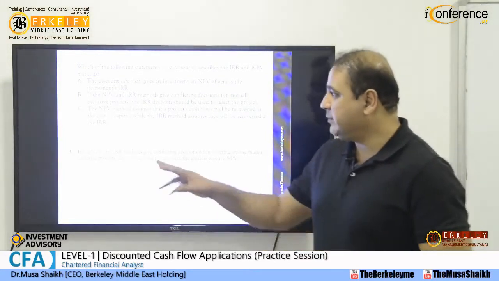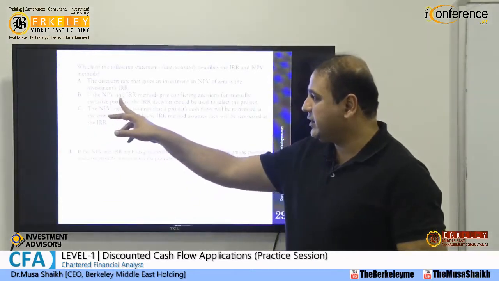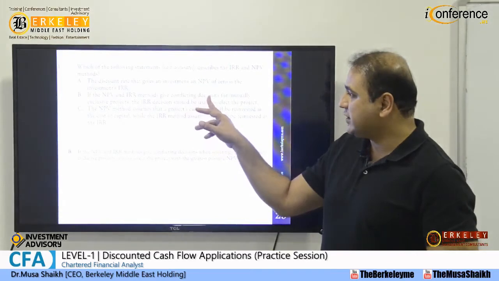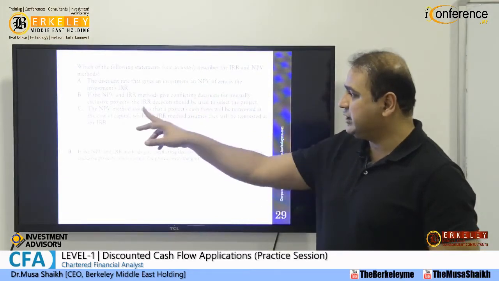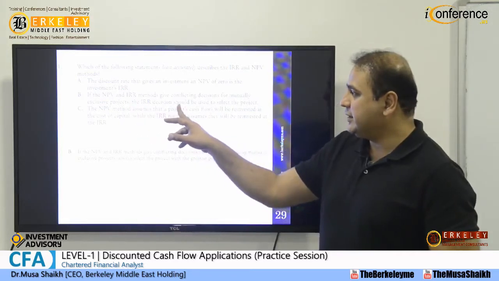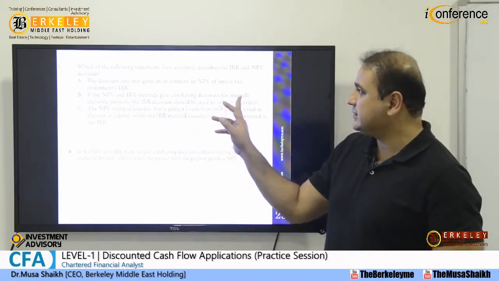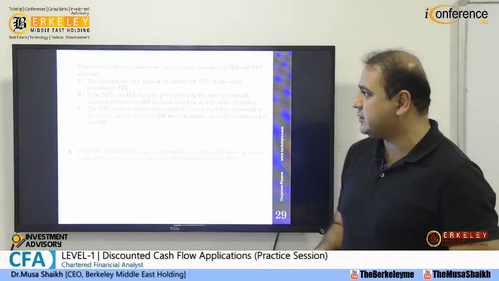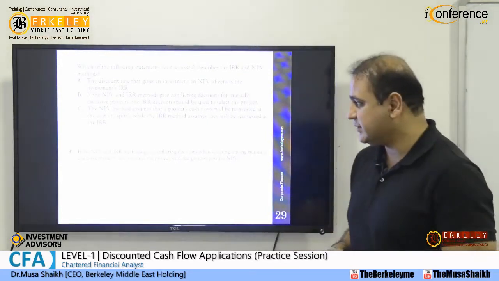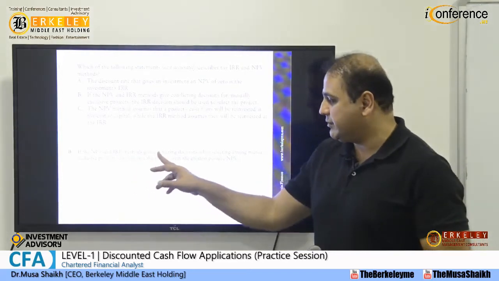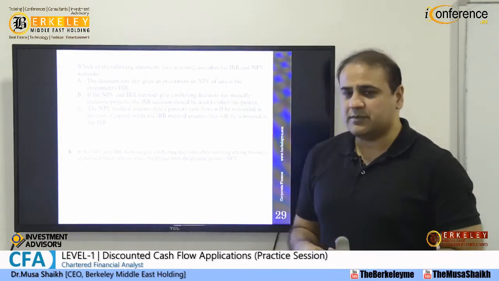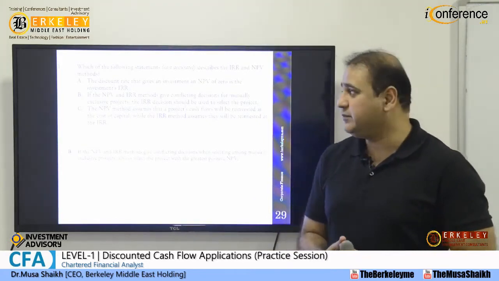So if we see option B, that is, if the NPV and IRR methods give conflicting decisions for mutually exclusive projects, the IRR decision should be used to select. This is the least accurate because NPV is the deciding factor. If the NPV and IRR methods give conflicting results, always select the project with the greater positive NPV.